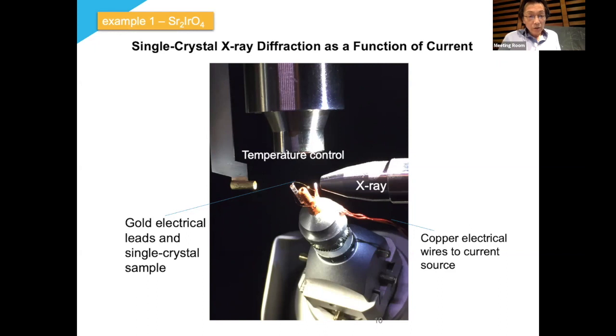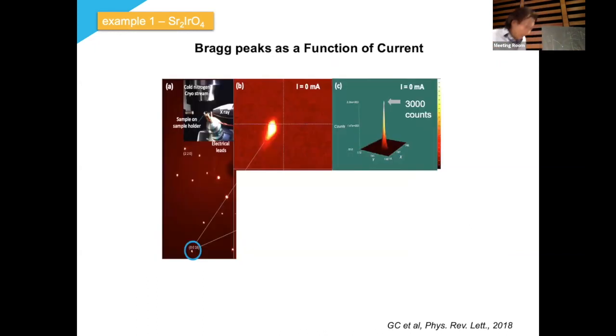Our initial results are actually very encouraging. For instance, this is a set of black peaks. Let's look at this one. Without current, this may be too small for you to see, we have this very bright peak here in this position, and the intensity is about 3,000 counts.